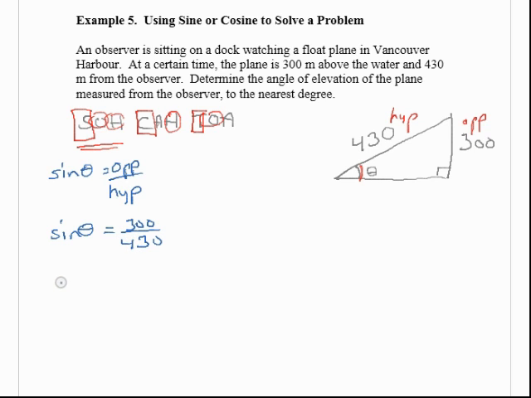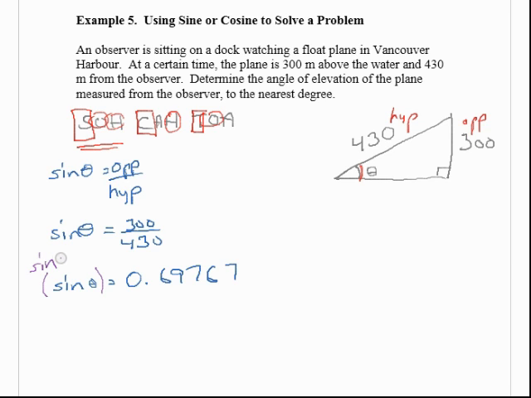So sine theta equals, now last time I put the numbers into the sine, this time I'm going to figure out what that value is, 300 divided by 430, which is 0.69767. It's important that if you do it this way and then do the inverse sine on both sides, you keep all of those digits in the calculator.